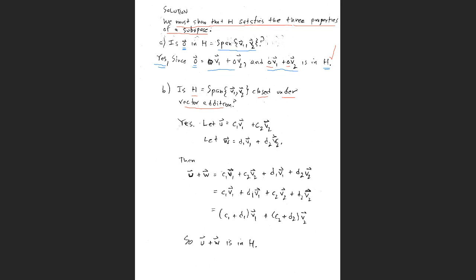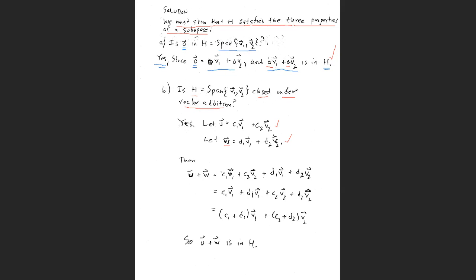So what we'll do is define a vector u to be c1 v1 plus c2 v2. So Matthew, the w that I had on the previous page has nothing to do with this w. That was just space W. This is vector w.